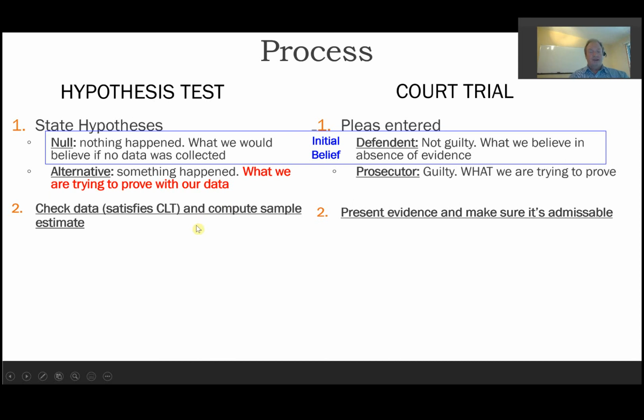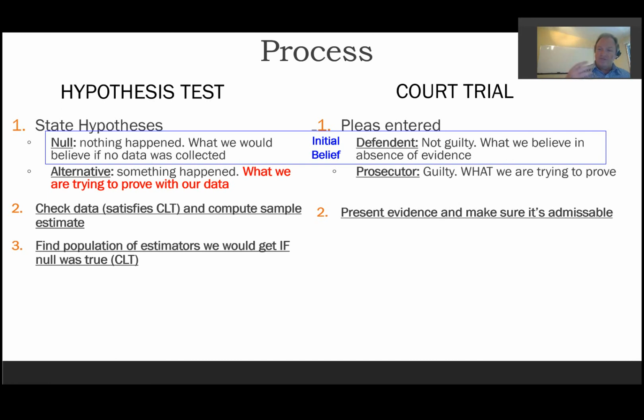If the data doesn't satisfy the central limit theorem, it's considered not to be admissible, and we can't use it. And without the sample estimate, we have no case. So what do we do? We have to shut down the whole hypothesis test. We cannot make decisions based on bad data. Just that simple.